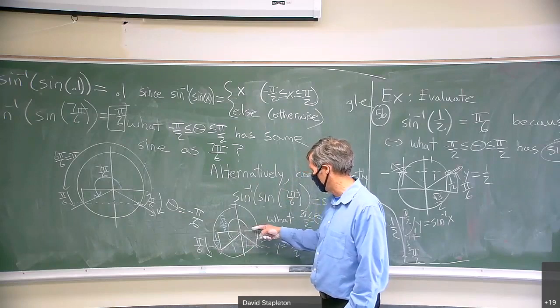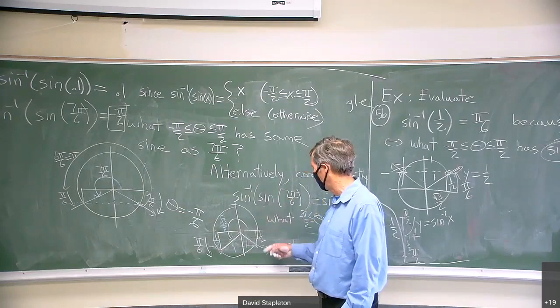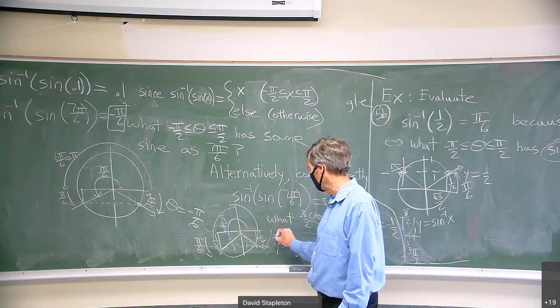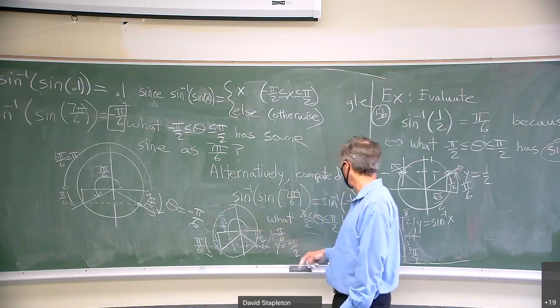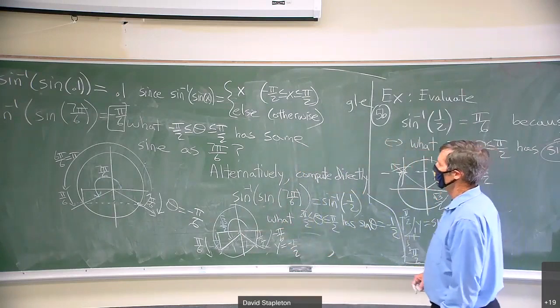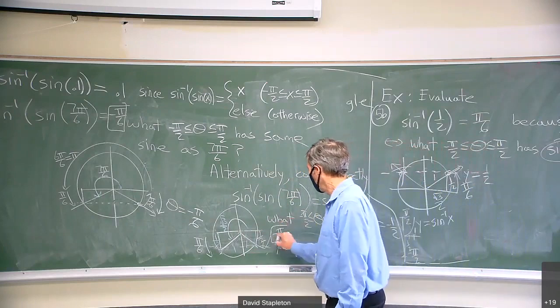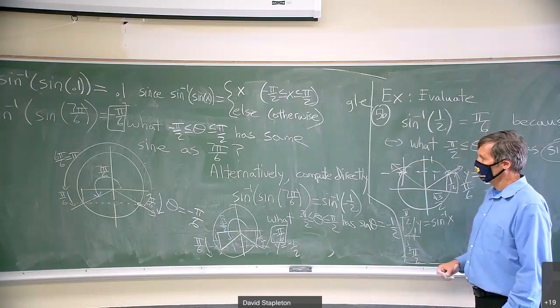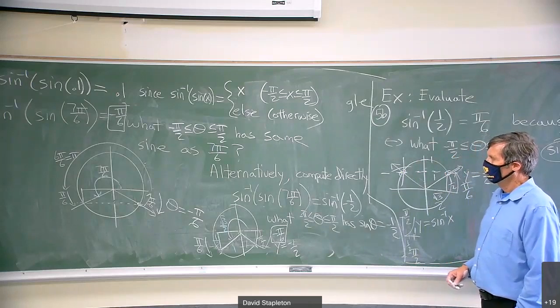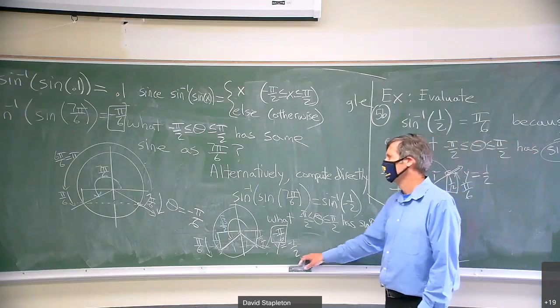The last side has to be square root 3 over 2 by the Pythagorean theorem, so this angle must be -pi over 6, 30 degrees, and then clockwise. So you can also get -pi over 6 just by computing it. A little longer, but less abstract.